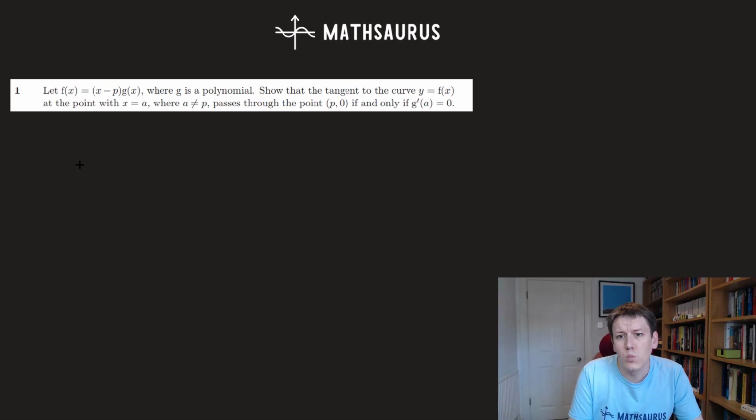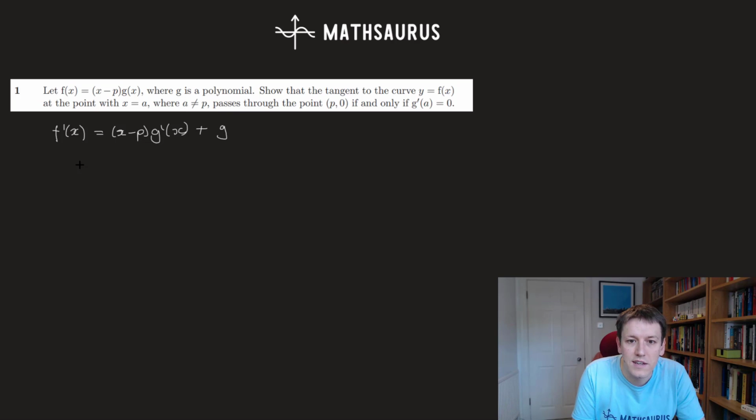So we're talking about the tangent to the curve where x equals a, so I'm going to try and write that down as a first step. If we differentiate f by the product rule here, I'll just get x minus p times g prime of x, and then plus 1 times g of x.